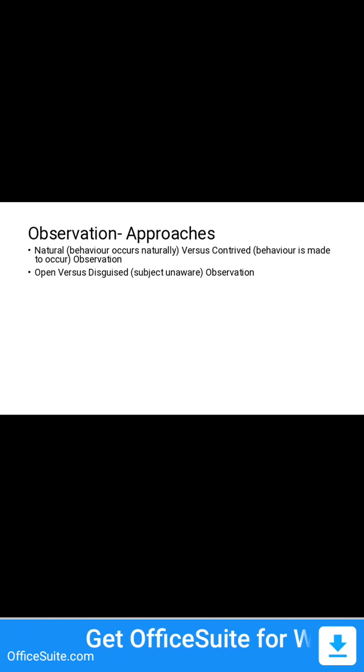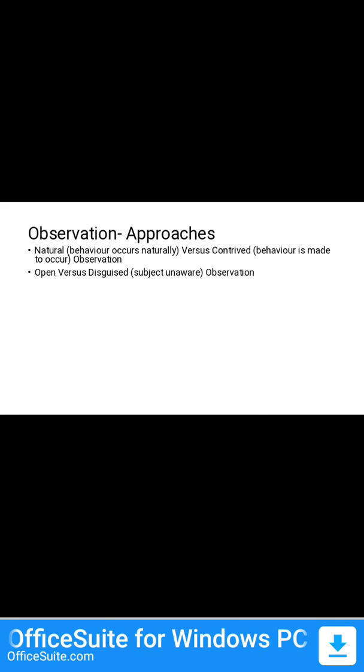Now, open versus disguised. What do we mean by open versus disguised observations? Open observations are those in which the entity which is being observed knows that it is being observed. Is that fine?